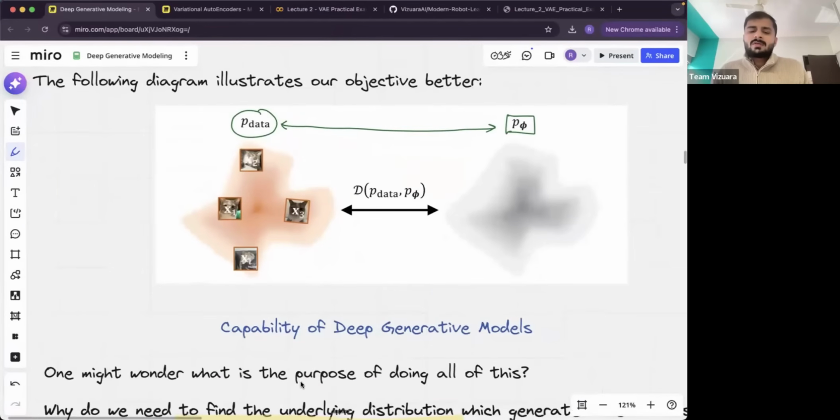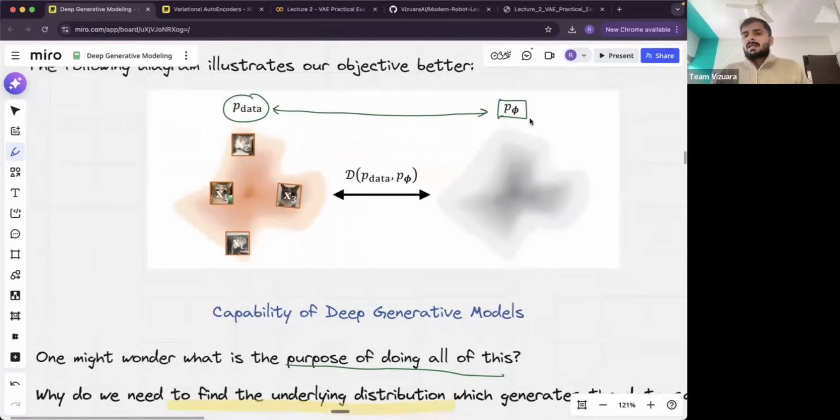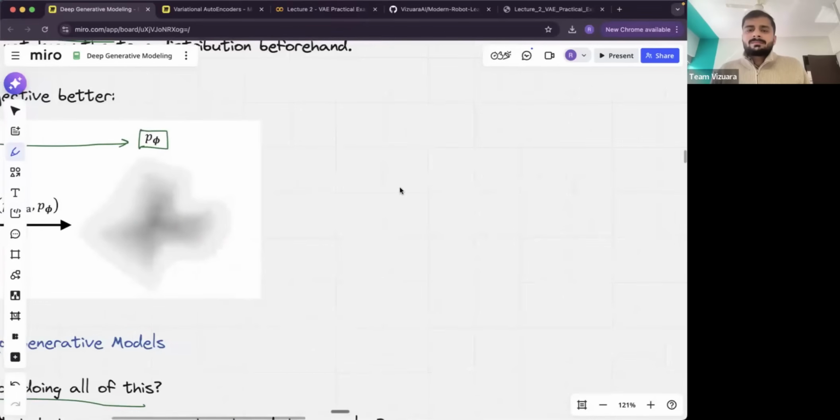What is the purpose of all of this? You might wonder, why do we want to predict this P phi? The purpose of predicting the probability is that later, once you have the probability, you can sample from it and generate new samples. This is exactly how applications like Stable Diffusion or Midjourney work. Let's say I type: create an image of a cat.